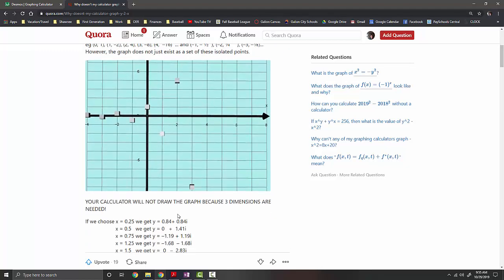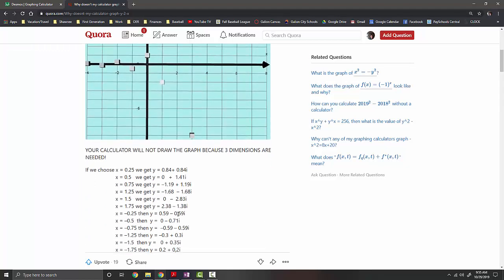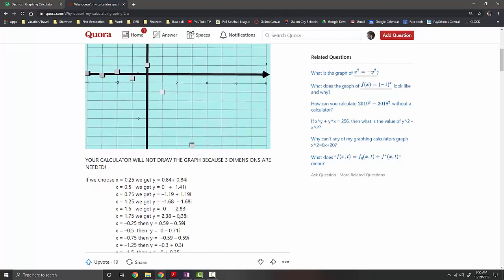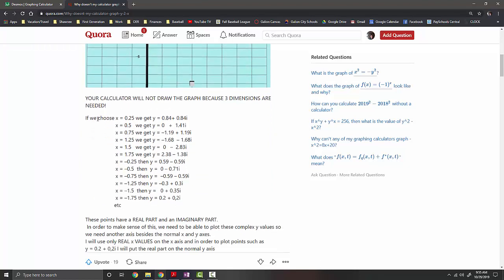But also, you're going to have a lot of holes in the graph, because when you plug in fractional exponents, you're going to get complex numbers, because a fractional exponent is like a square root. Remember, when you take the square root of a negative number, you end up having i involved.